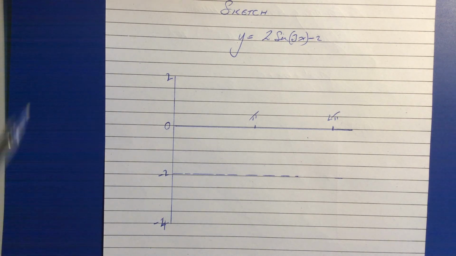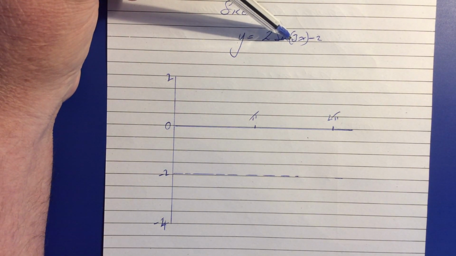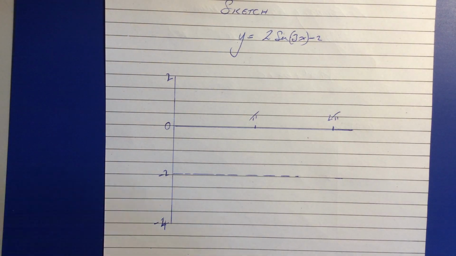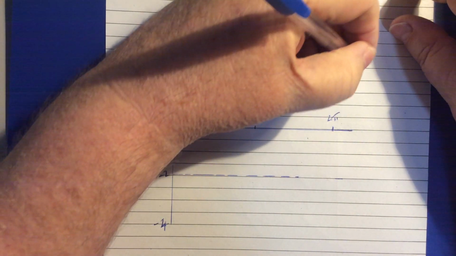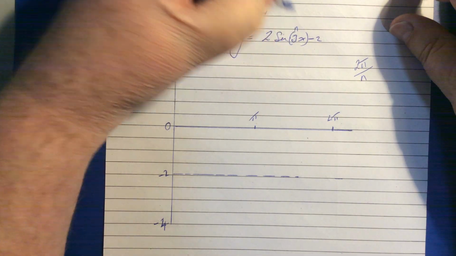Okay, now the last thing that I've got here is this 3. The 3 affects the period of this graph. Now the formula for a period is 2 pi on n, and the 3 is n.